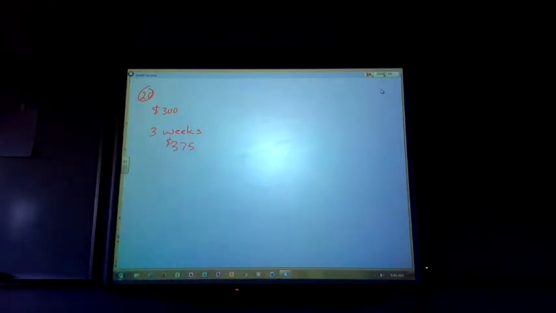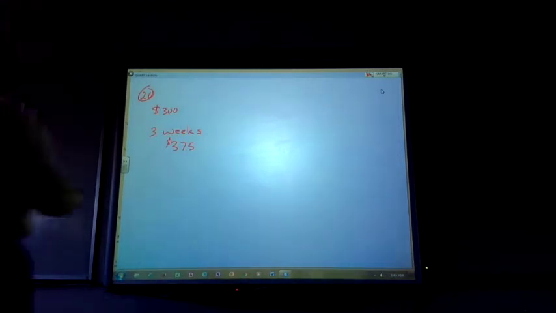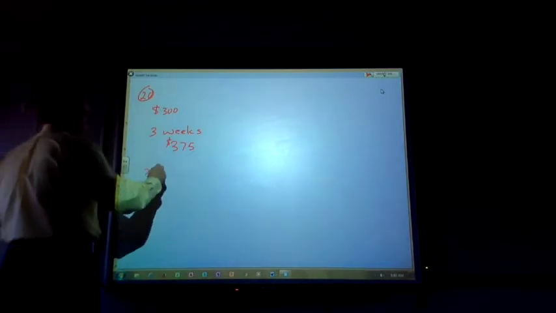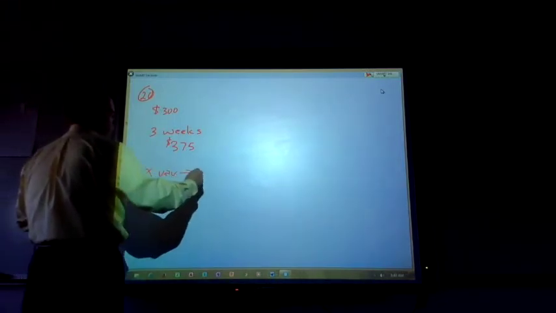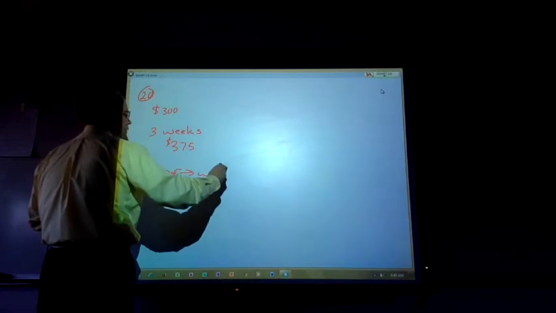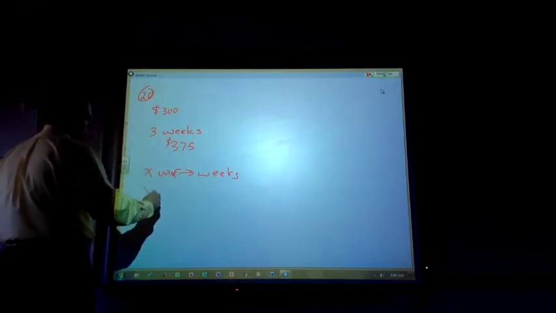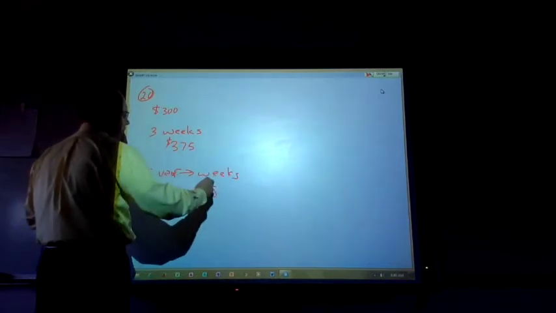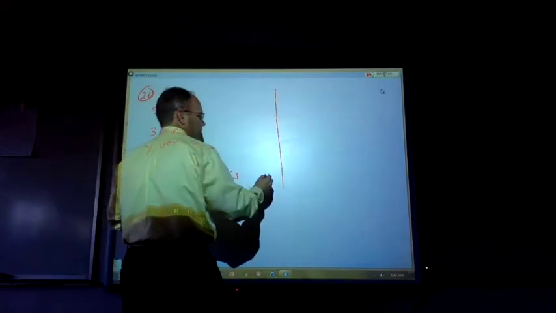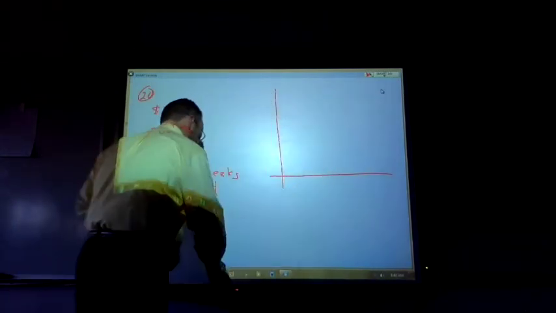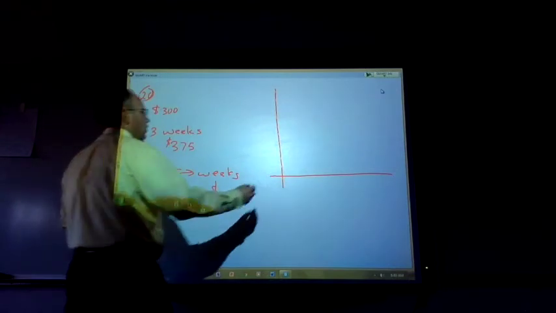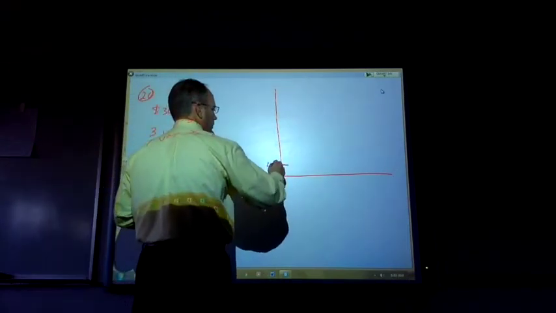So you've put in an extra $75 over the next 3 weeks. So your x variable is weeks. Your y variable is money. You're really only using quadrant 1 in this case. So you started out at 300.